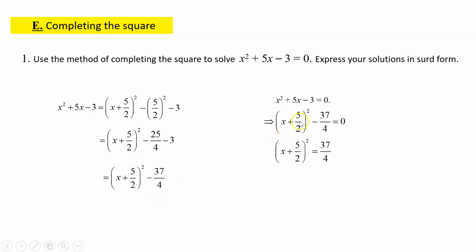So I've got x plus 5 over 2 squared minus 37 over 4 is equal to 0. I can take that over. So I take the square root, plus or minus, and then take the 5 over 2 over. So I've got that expression as the solution in surd form.